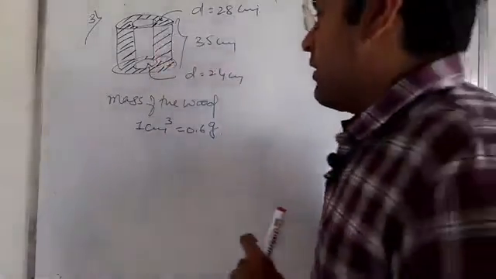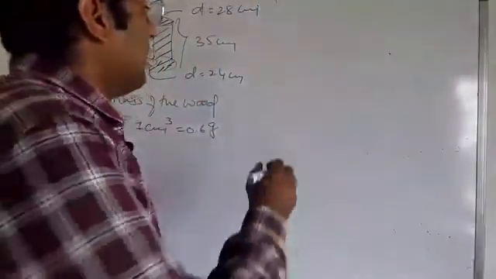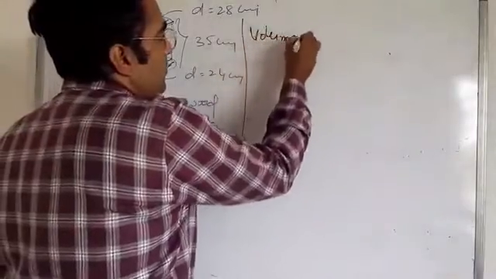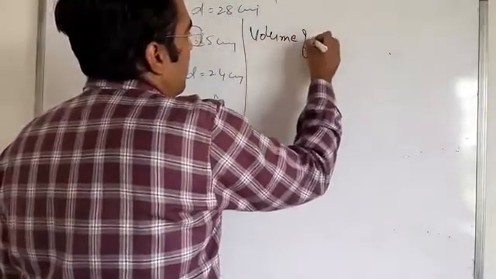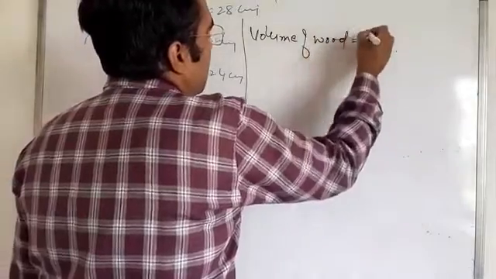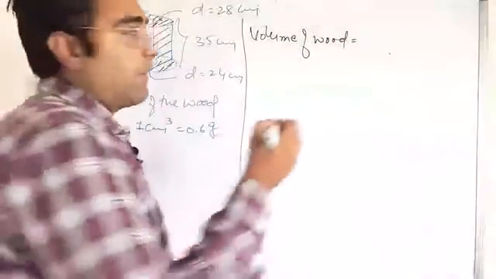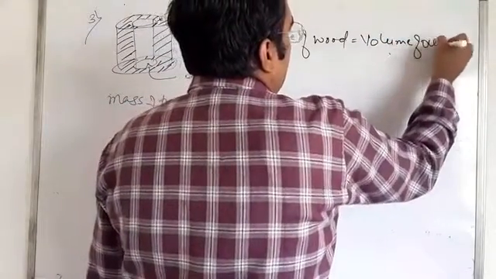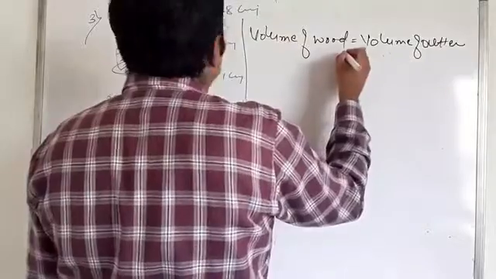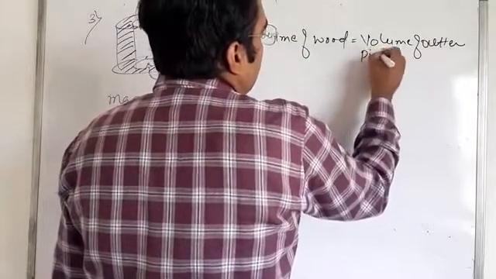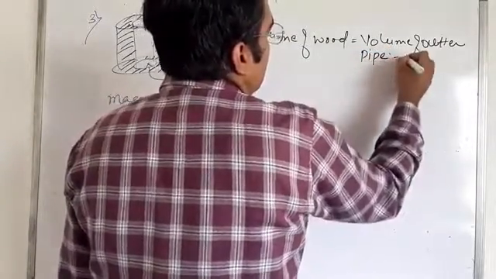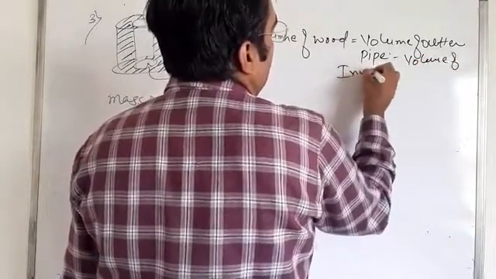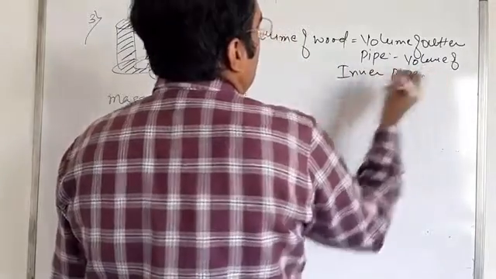So we have to find the volume of wood, that is volume of outer pipe minus volume of inner pipe.